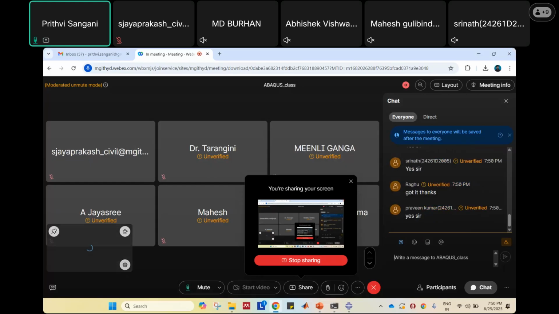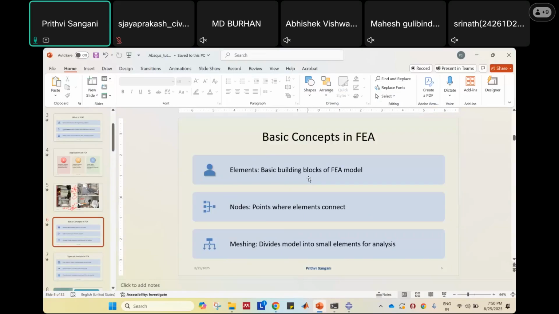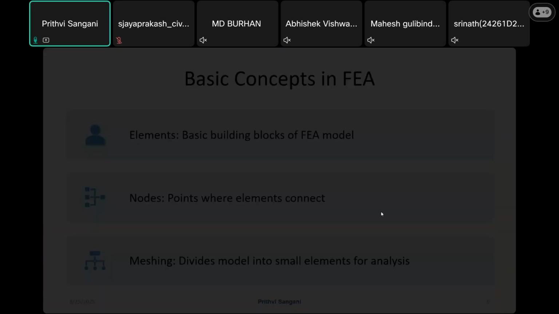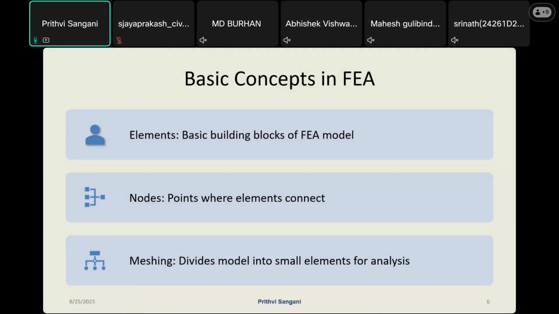Okay, I'll continue. Like I mentioned, this is again a refresher kind of thing. Basically, FEA has these elements. We'll break down the entire member into several segments, which we call elements. That's called discretization, right?